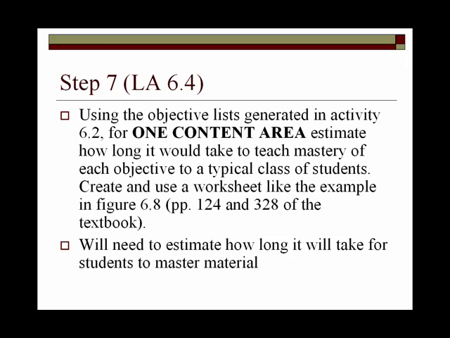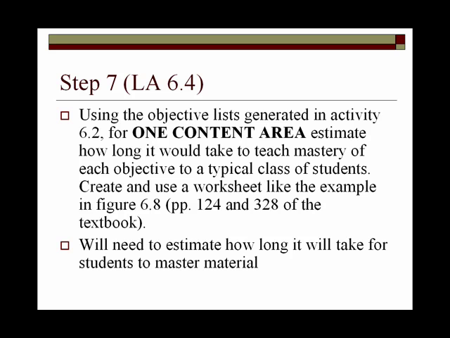So in step 7, in learning activity 6.4, you're going to use your objective list generated in activity 6.2 for one of your content areas. You can pick any one of those content areas. You're going to estimate how long it will take to teach mastery of each of the objectives to a typical class of students. I asked you for each content area to write 3 objectives.